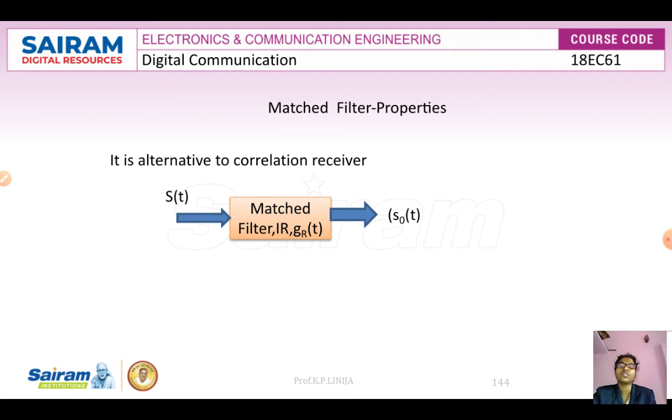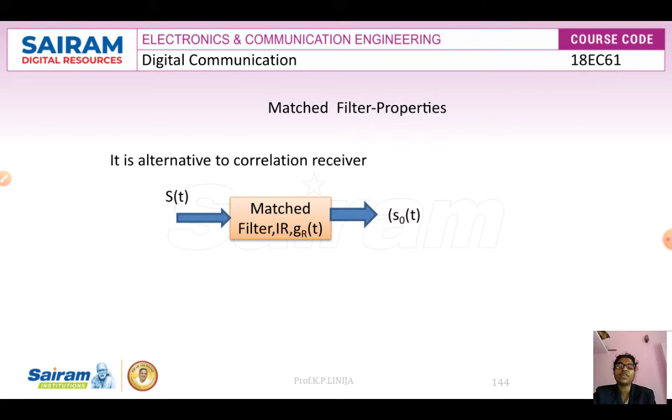The correlation receiver consists of a multiplier as well as an integrator. Whenever we go for the hardware implementation, the integrator is a little bit difficult to implement. Compared to that, the hardware implementation of the matched filter is very easy, so people started using the matched filter instead of the correlation receiver.